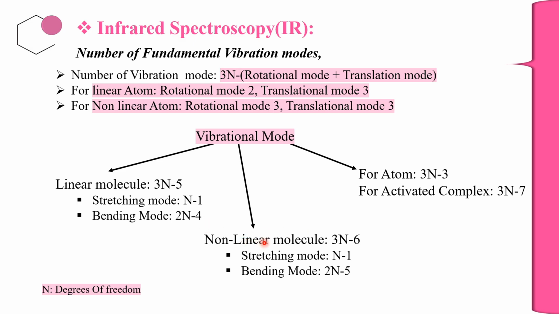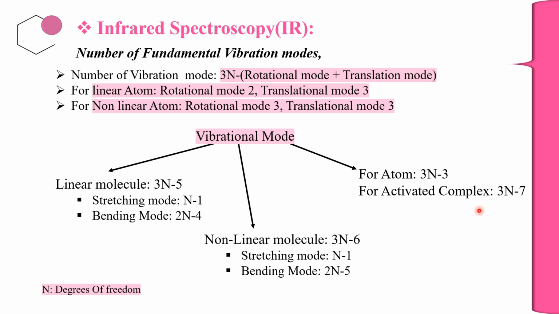For a non-linear molecule, the overall number of vibrational modes is 3n minus 6, the stretching mode is n minus 1, and the bending mode is 2n minus 5. For an atom, it is 3n minus 3. And for an activated complex, which comes from the kinetics part, the vibrational mode is 3n minus 7.